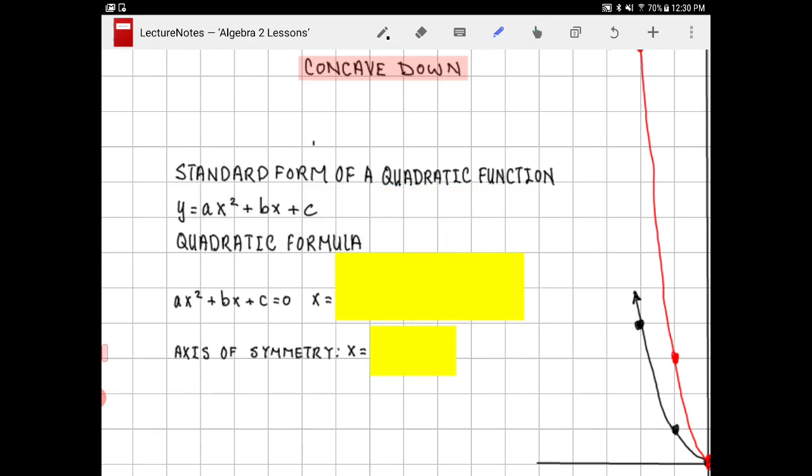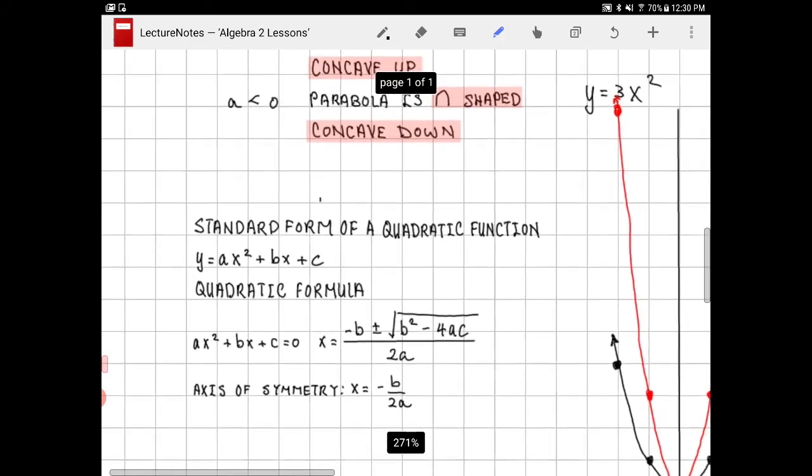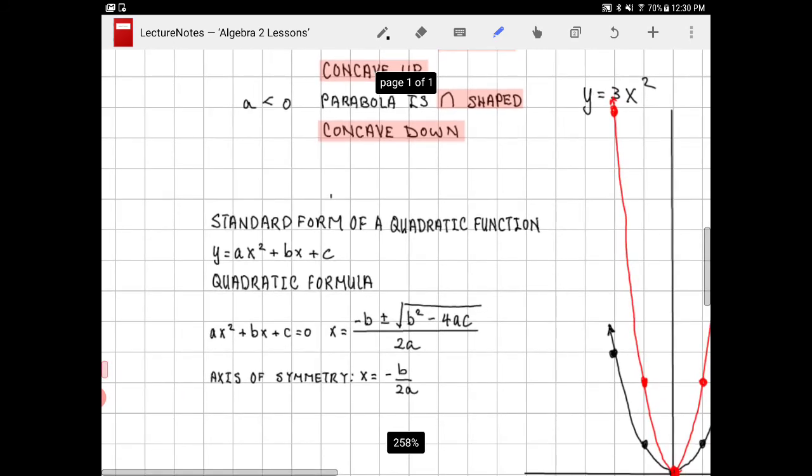And then there are things associated with that equation. We can identify the roots by using the quadratic formula or by factoring. And then the axis of symmetry, based on standard form, is simply -b/2a. Now you tell me which one is actually easier to figure out, the roots or the axis of symmetry.